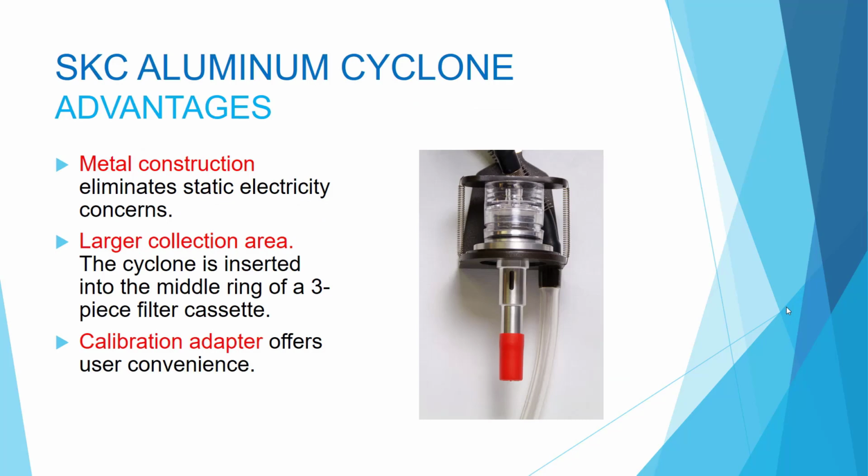The newer aluminum cyclone has several advantages over the old Dore-Oliver cyclone. Metal construction eliminates static electricity concerns. It has a larger collection area since the cyclone is inserted into the middle ring of a 3-piece filter cassette and is sampled open face. It also has a handy calibration adapter.